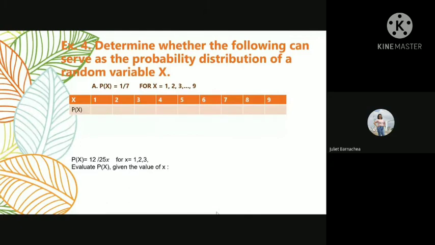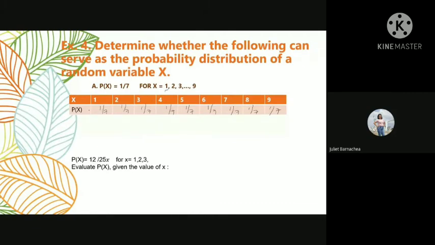Yung P of X is equal to 1 over 7, for every X that is equal to 1, 2, 3 hanggang 9. Ang P of X, if that's 1, the value is 1 over 7. So, 1 over 7, 1 over 7, lahat yan, hanggang sa 9.